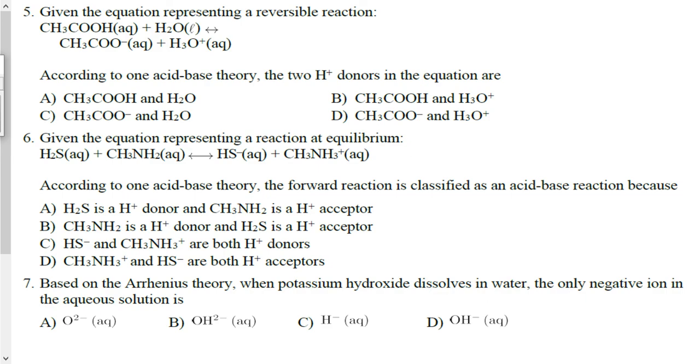For question number 7, sorry, the question is based on Arrhenius theory. So remember, according to Arrhenius theory, acids produce hydronium ion and bases produce hydroxide ion. So they're asking you, when potassium hydroxide, focus on the word hydroxide, dissolves in water, the only negative ion in the aqueous solution is what?